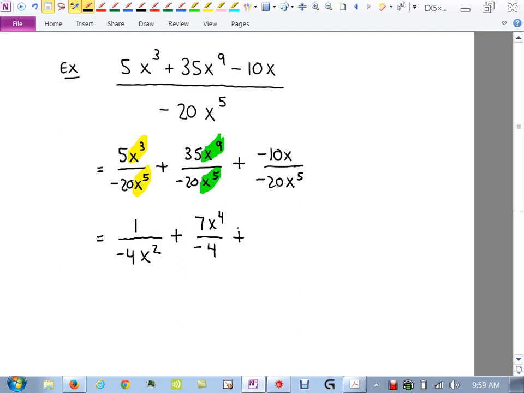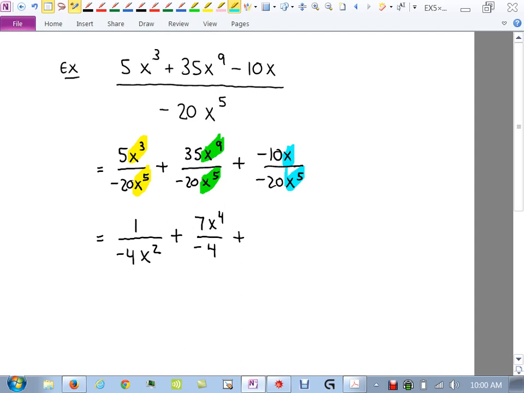Plus, yes. Yeah, because 5 goes into both. 5 goes into 35 7 times. 5 goes into negative 20 negative 4 times.